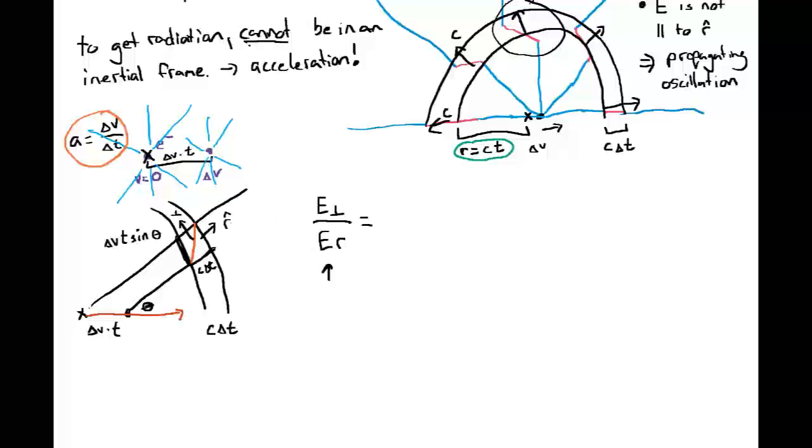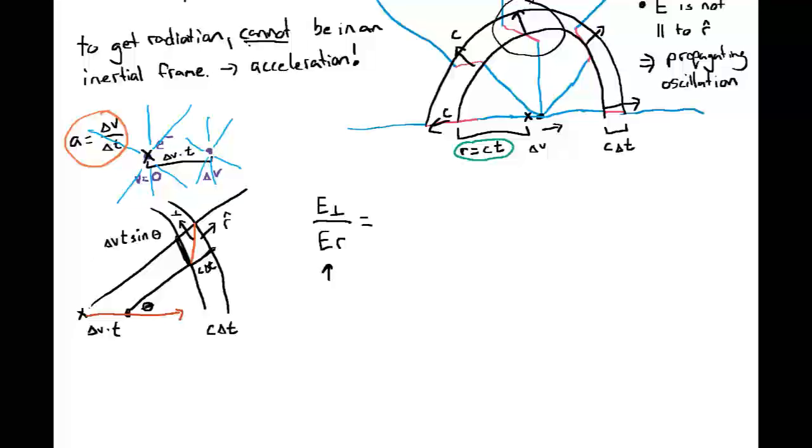Well, just geometrically, we can work out what this slope is, because we can see that in one direction here, the distance is c Δt. That's the distance that light could travel over the interval of acceleration here. So what we really need to figure out is the component that is perpendicular to that, which results from the distance that this charge has moved since the acceleration has taken place.